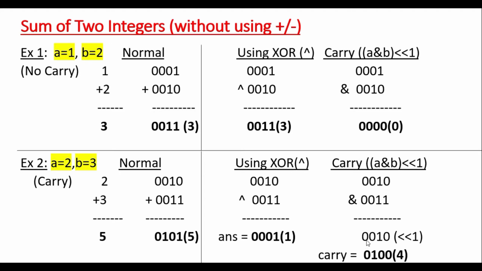So 0010. And when you left shift this 0010 by 1, you will get 0100, that is carry is equal to 4. And again you have to do the same thing, and you have to continue until you get the carry as 0.